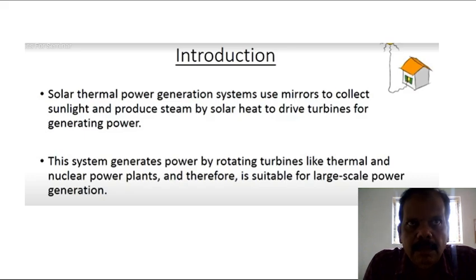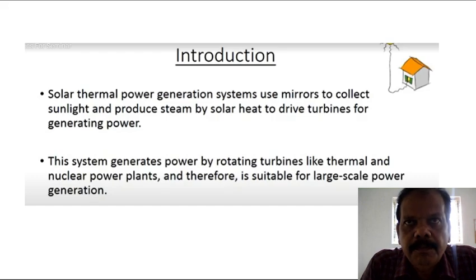In this session we are going to discuss power generation using the renewable energy source of solar. Solar power generation systems use mirrors to collect sunlight and produce steam by solar heat to drive the turbines for generating power, which are coupled to the generator.